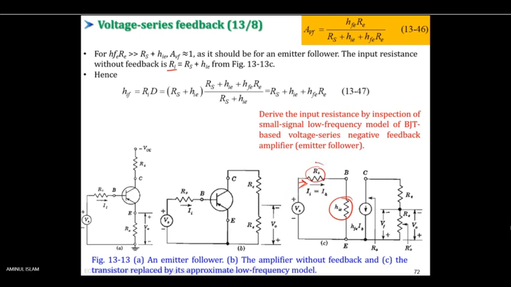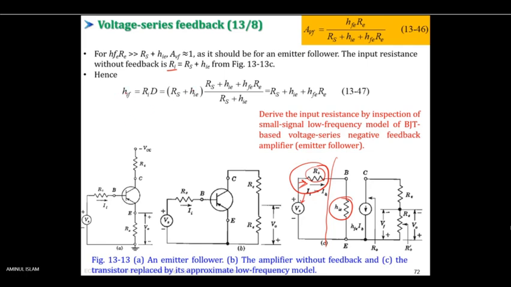Normally, if you take Rs as the resistance of Vs, the signal source, then it is outside. Now we have considered that Rs is part of the amplifier. So hence this resistance Hi becomes the input resistance without feedback.